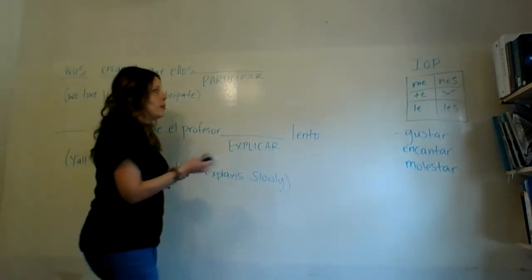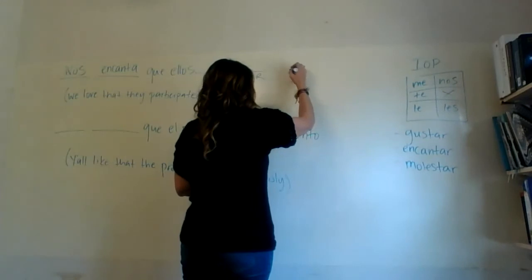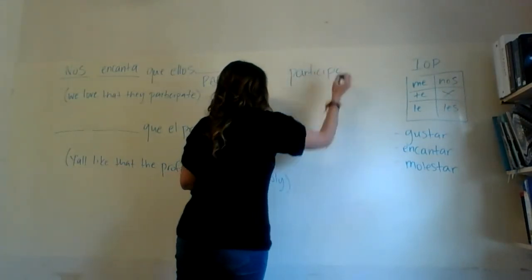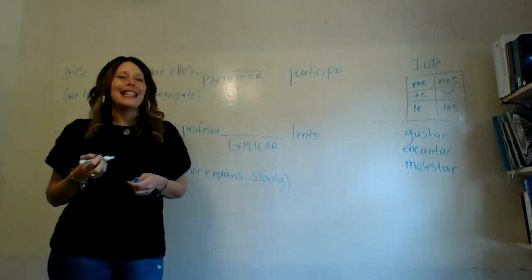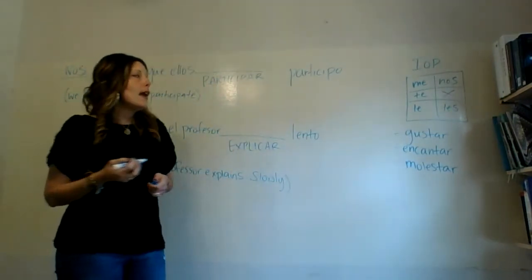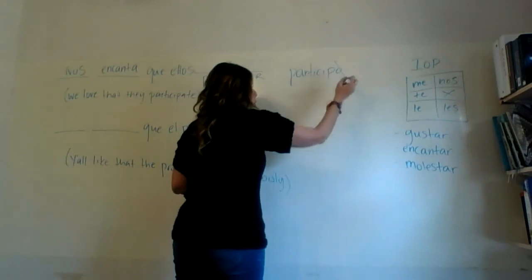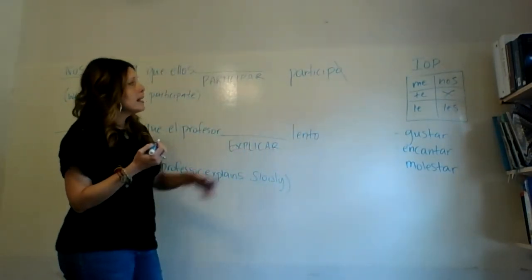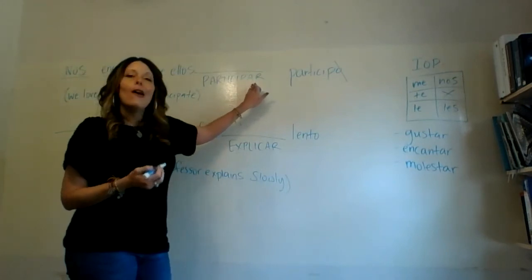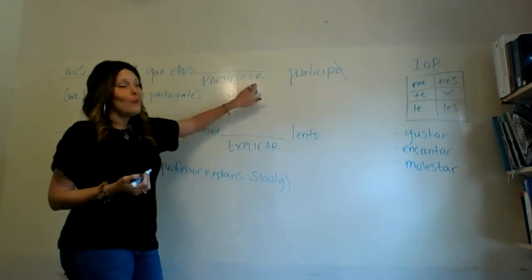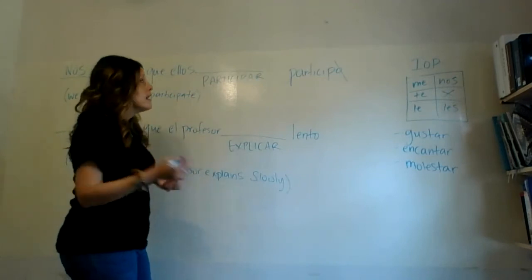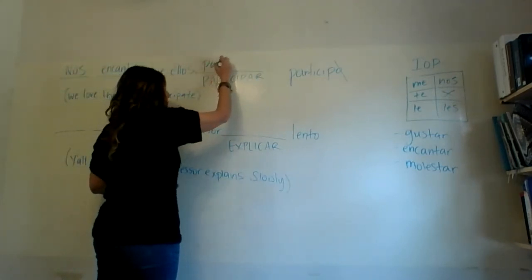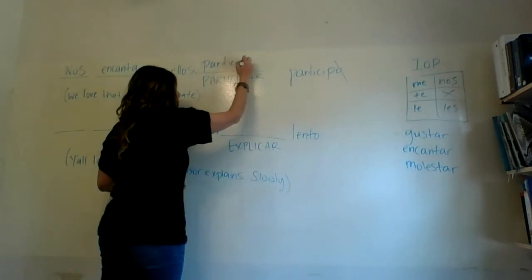So our first step would be, we take it to the yo conjugation of the present tense, and we would have yo participo. And then step number 2, we would drop that O, and then we would add appropriate subjunctive endings. So since this is an AR verb, our opposite endings of the subjunctive are going to be like ER verb looking endings. Remember, conjugated based off of ellos, and that's how we get participen.